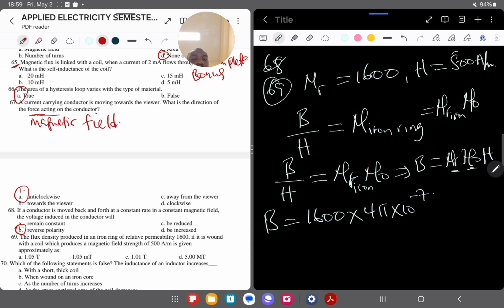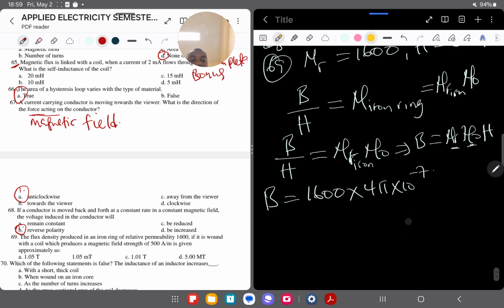Then multiply by the magnetic field strength, which is 500.